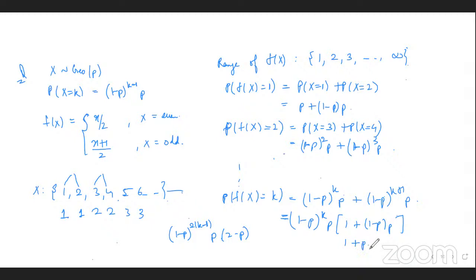Ma'am, it will be 1 minus p only, not into p. Okay, sorry. So this is 2 minus p into 1 minus p to the power k. No, still not matching, ma'am.